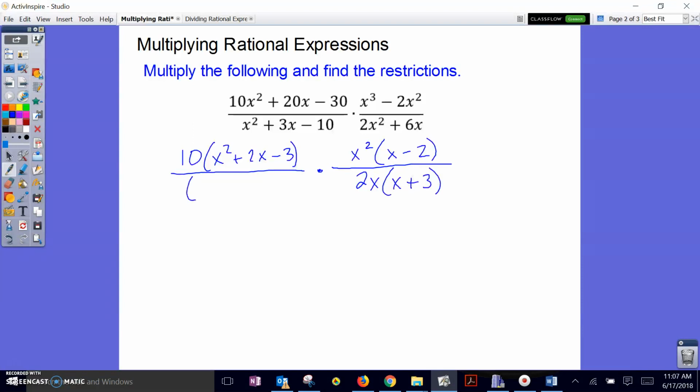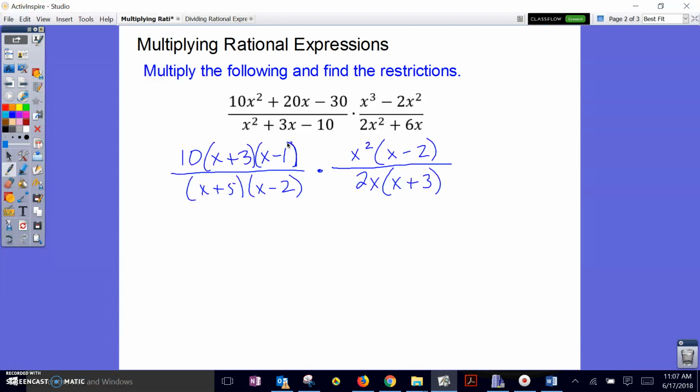And then let's see, this is x plus 5 times x minus 2. And we can factor the x squared plus 2x minus 3 in the numerator on the left. That's x plus 3 times x minus 1. Instead of rewriting all of that, I'm just going to replace that with x plus 3 times x minus 1. And now we have both the numerator and the denominator completely factored in all of these, and we're looking for common factors to cancel.